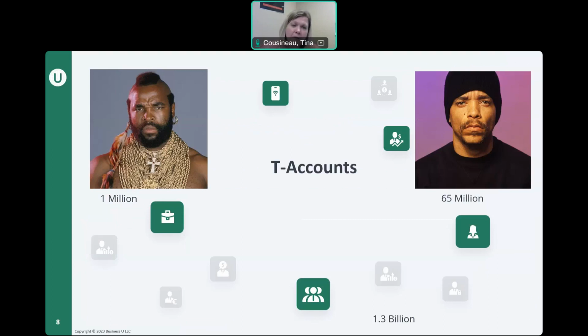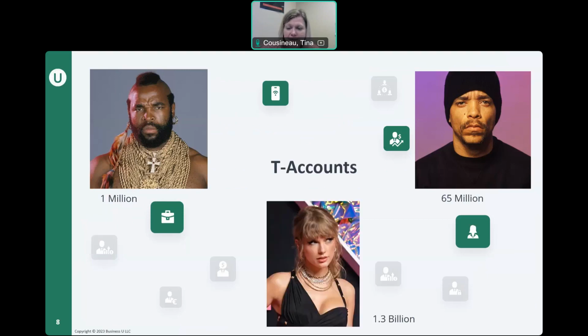And probably the most famous one today is our T Swift. Now, these are some of my favorite T's that I'd like to introduce you to. Now, Mr. T has a net worth of $1 million. Ice-T, 65 million, and Taylor Swift coming in at a cool 1.3 billion.